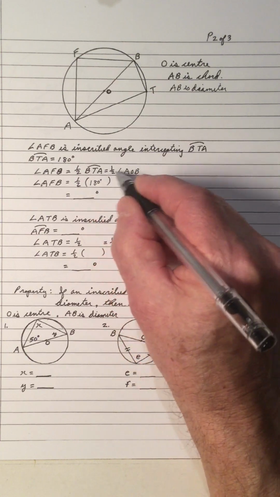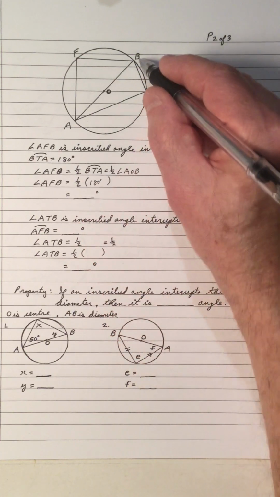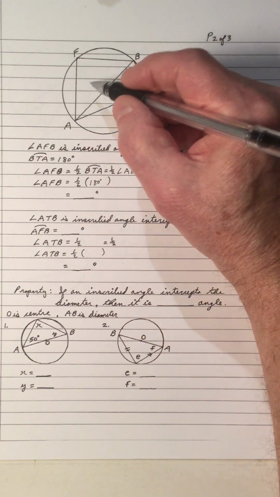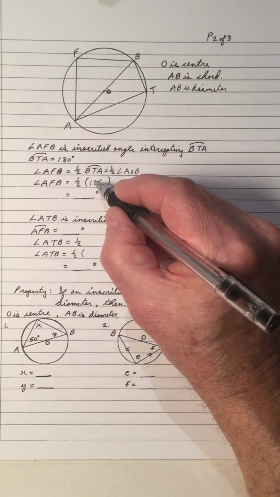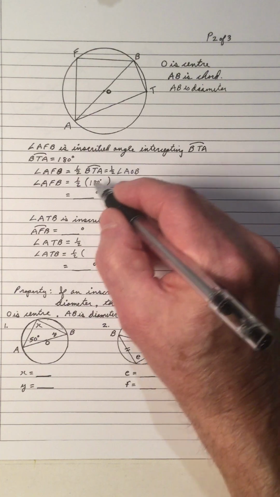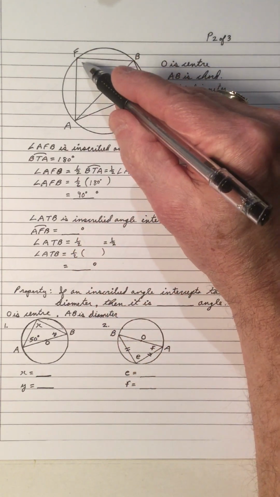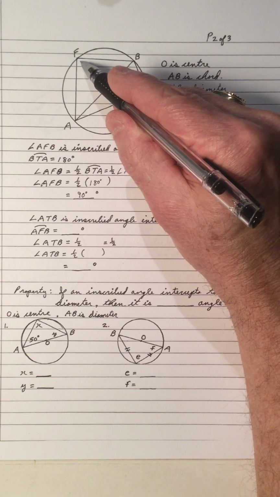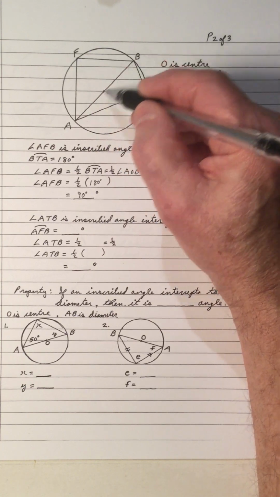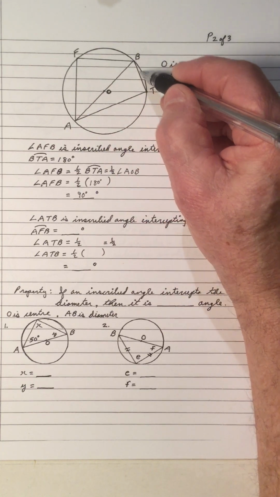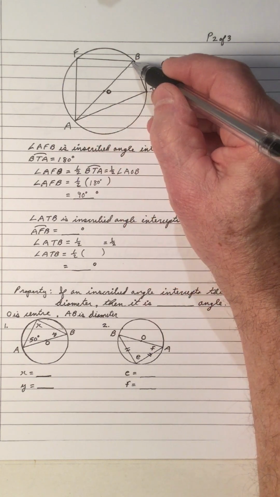Either one of them, you pick the arc BTA, or you pick the angle AOB, you have 180 for either one, and a half of 180 is 90. So again, this angle here is a half of the intercepted arc here, or half of the central angle.